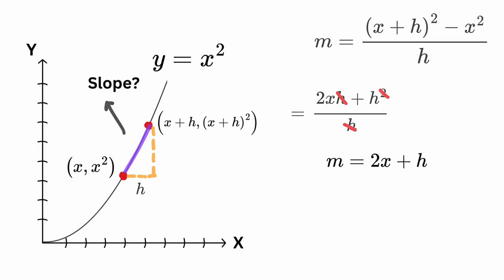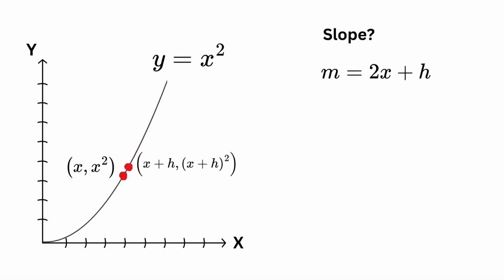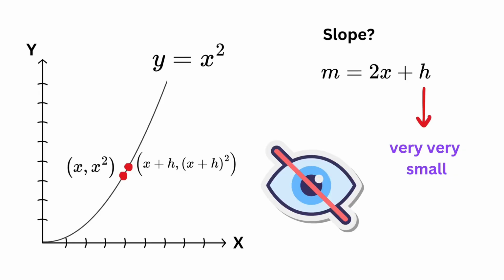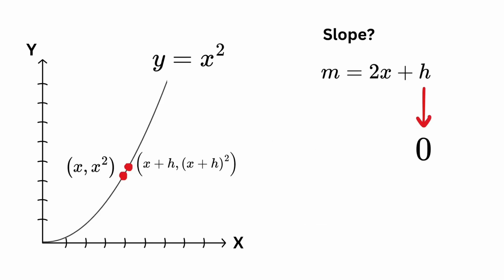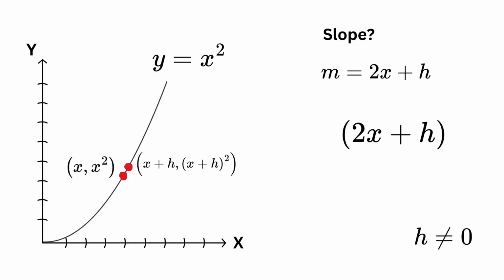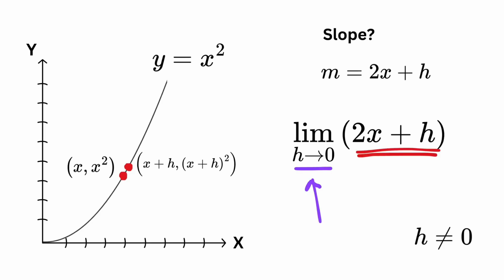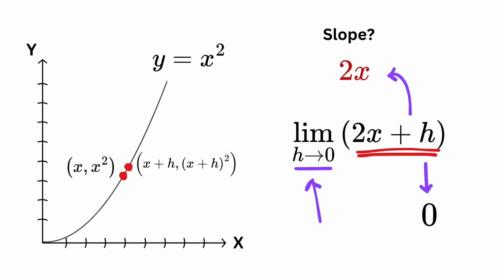We want both these points to be as close as possible, which means this h is so small that it is almost invisible to our naked eye. Thus we say that h tends to 0, and since h is not exactly 0, we put this lim here, which stands for limit, which means what is the value of this thing when h is very close to 0, and to solve for it, we put h as 0, which gives us 2x as the slope of the curve y equals x square.